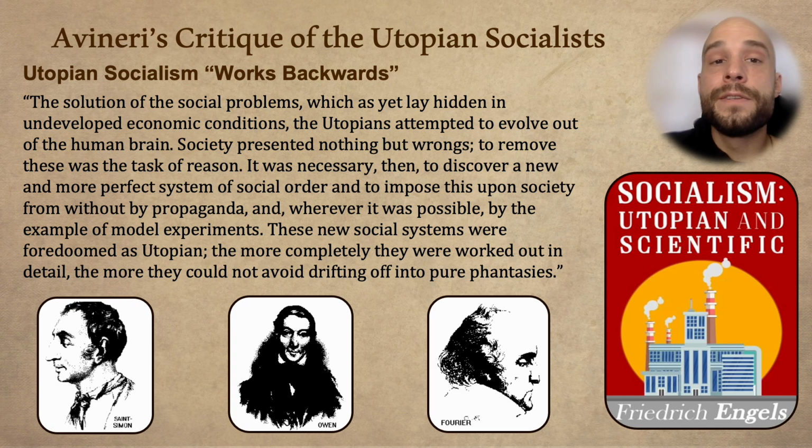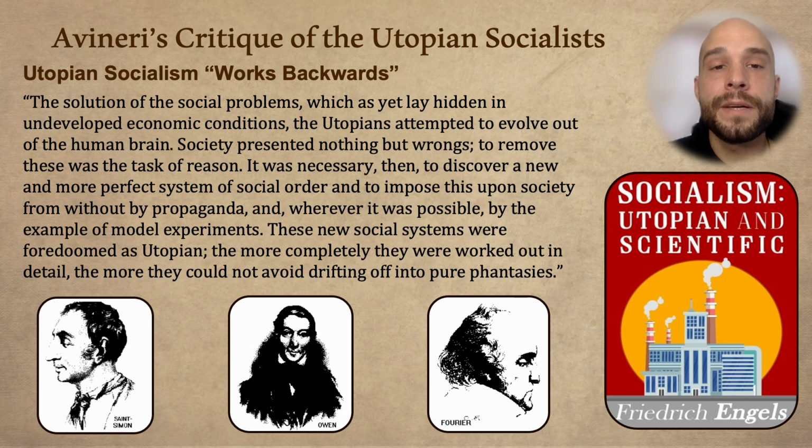He says, the solution of the social problems which as yet lay hidden in undeveloped economic conditions, the utopians attempted to evolve out of the human brain. Society presented nothing but wrongs. To remove these was the task of reason.